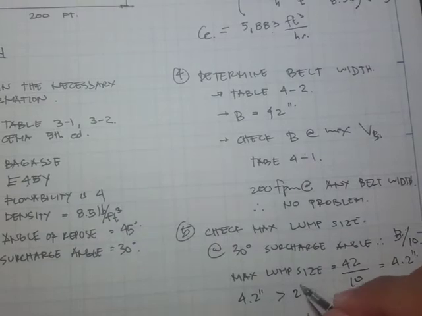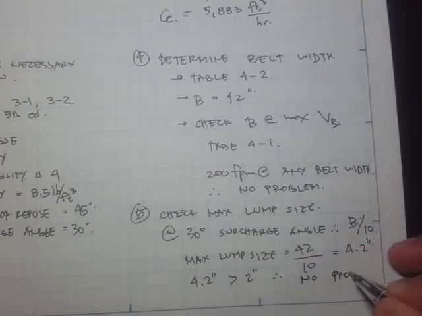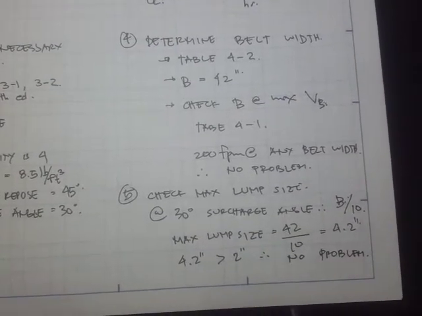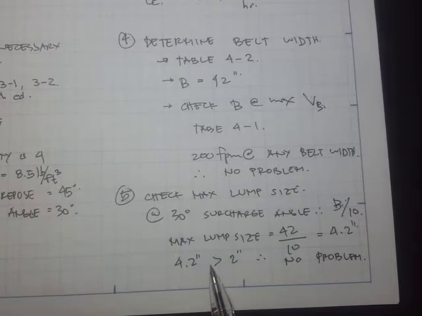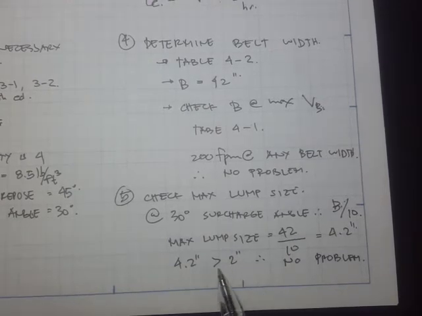So therefore, no problem. If it happens that the maximum allowable lump size is less than the actual lump size, then we have to select another belt width.